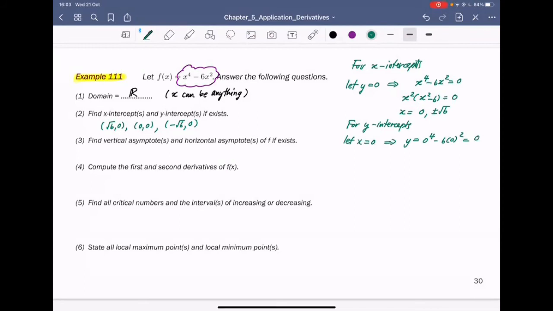All right, next, I want to find the vertical asymptote and horizontal asymptote, if they exist. You can see that we have no vertical asymptote, because this is a polynomial and we don't have a problem with the denominator. And also we don't have a horizontal asymptote.